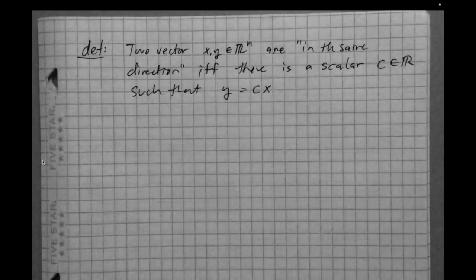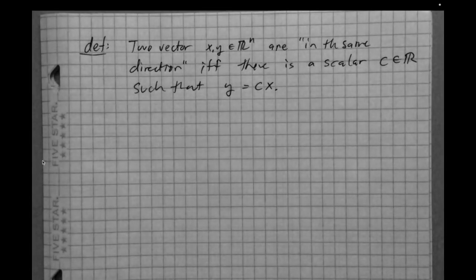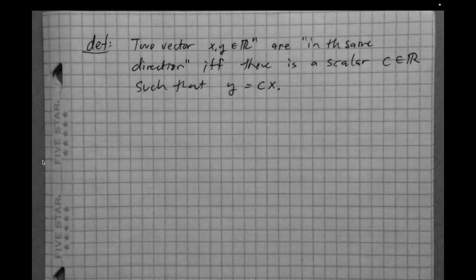Hopefully that's straightforward, because we saw what happens with scalar multiples of vectors. We saw when x was 1, 2, then 2x was 2, 4. Basically, the vector just gets longer, but it remains in the same direction. So if two vectors are in the same direction, then it should be possible to scale one of them to the length of the other. And that's what this is basically saying.